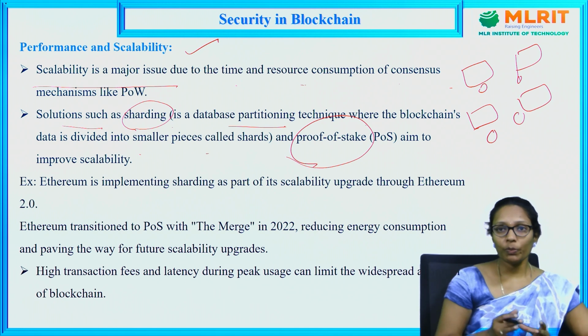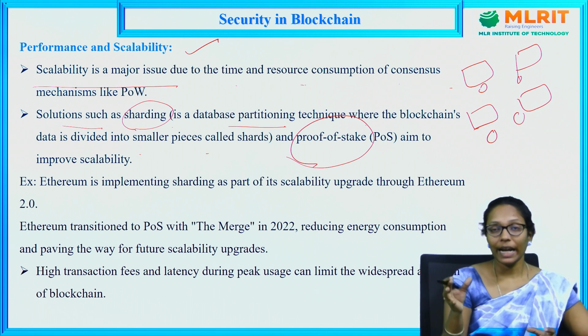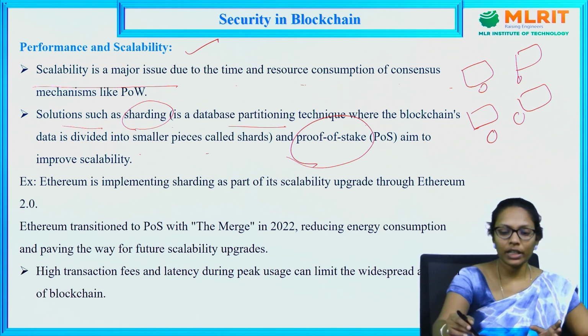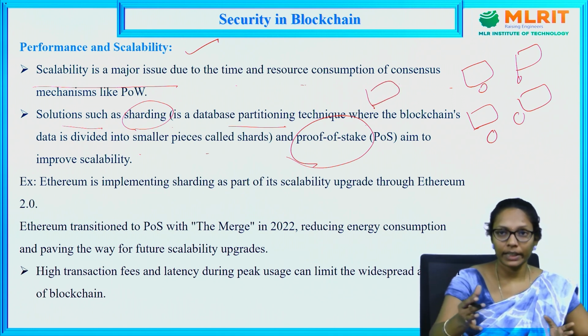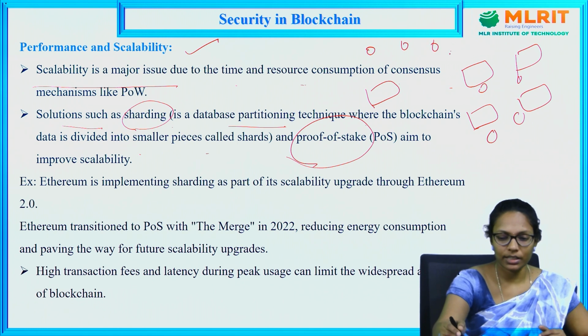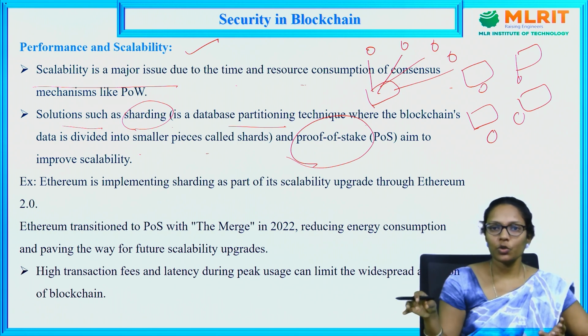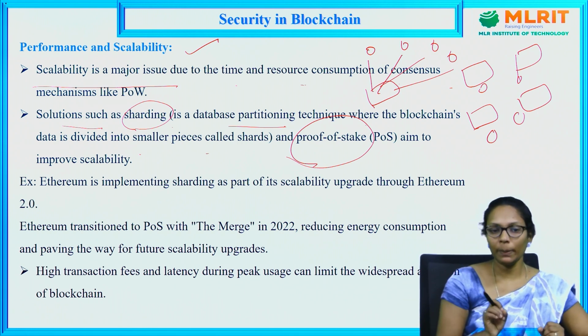So here, instead of maintaining the bulk data together, we are dividing the data into chunks, and each chunk you're calling a shard. So that whenever you need a particular data, then all these chunks will be added together to get the final information. So you're not storing the information together at one place. So this will be divided into chunks and distributed to multiple blocks.